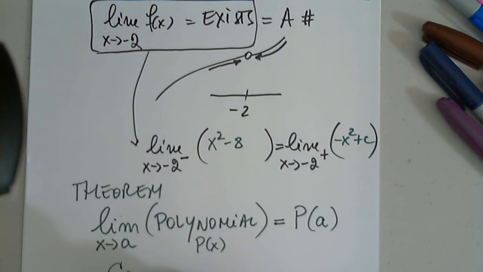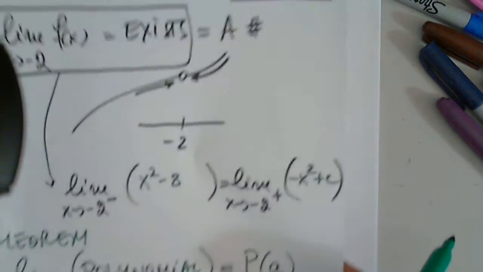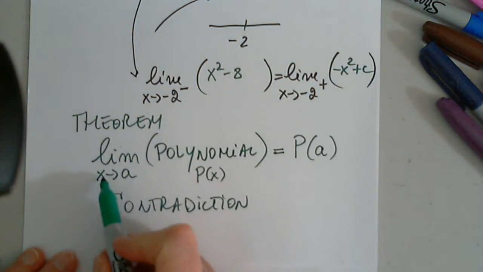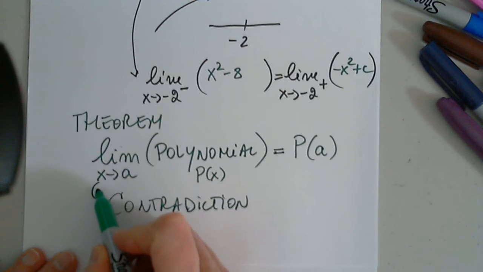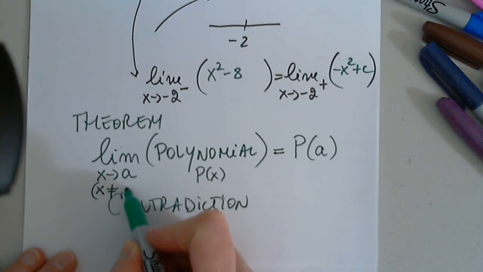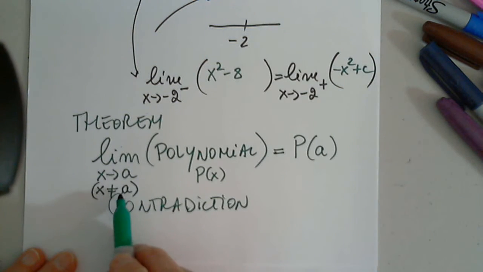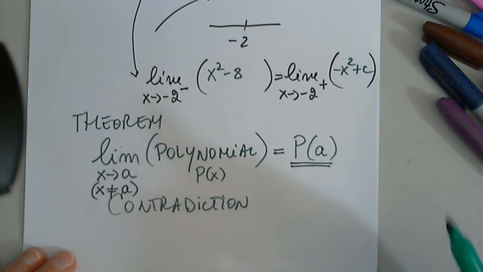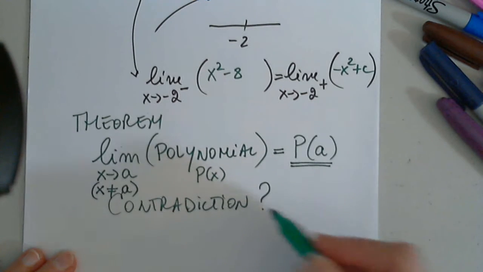And I know that this is a contradiction. How come? It's because I told you several times that when we say x approaches a, we literally mean approaches. It will never equal a. But here I am asking you to plug it in. So this is a contradiction.